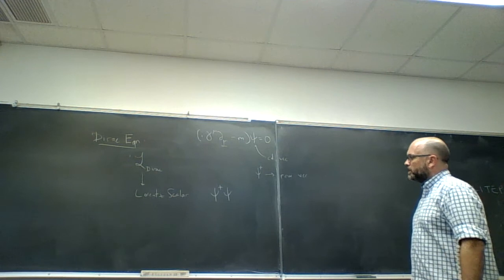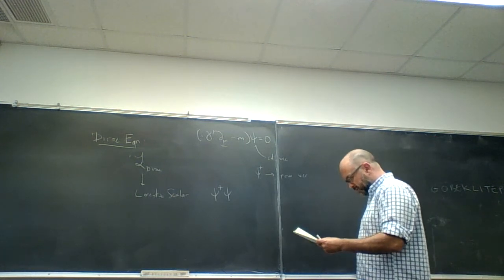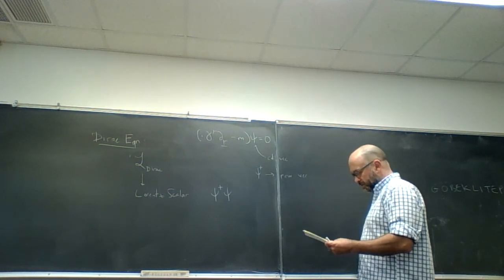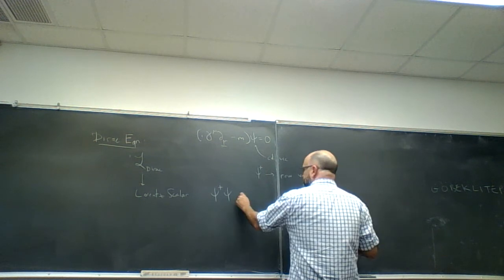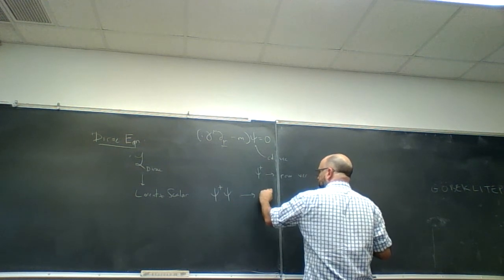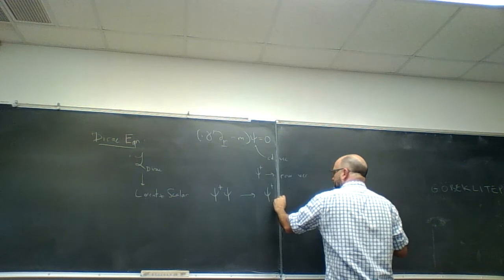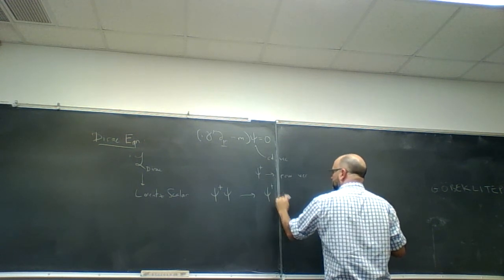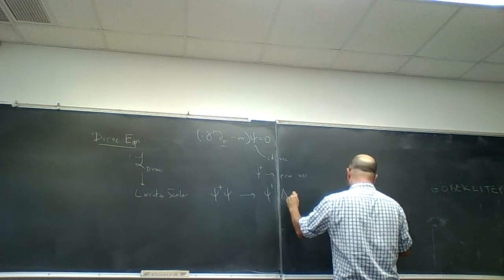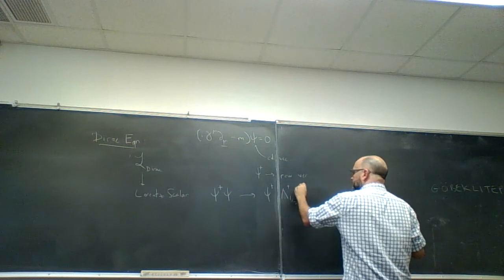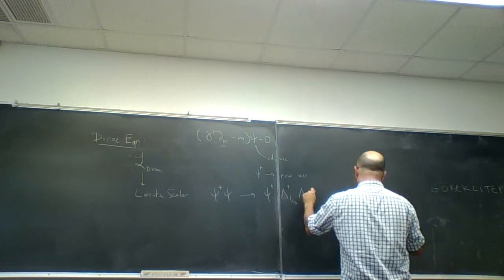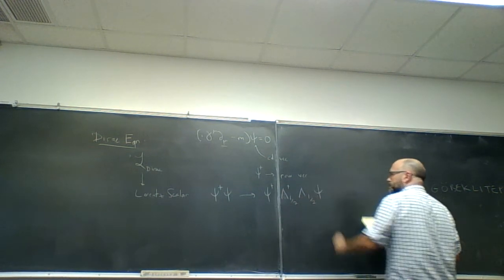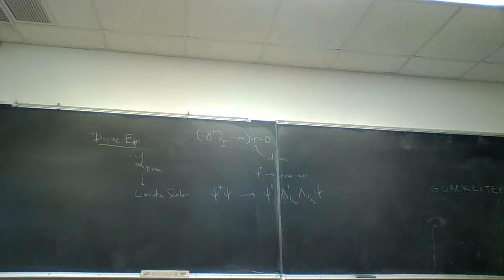Well, what happens to this guy under a Lorentz transformation? It would become psi dagger, lambda 1/2 dagger, lambda 1/2 psi. And what we need is for this to just be equal to psi dagger psi.